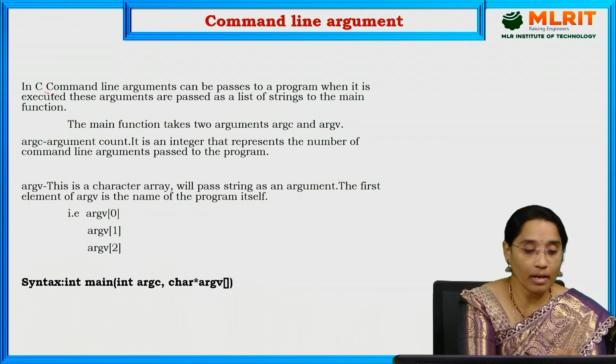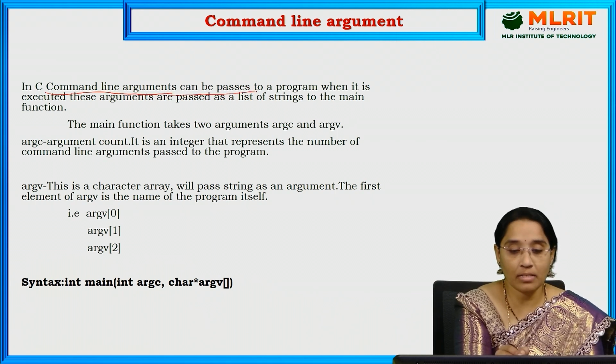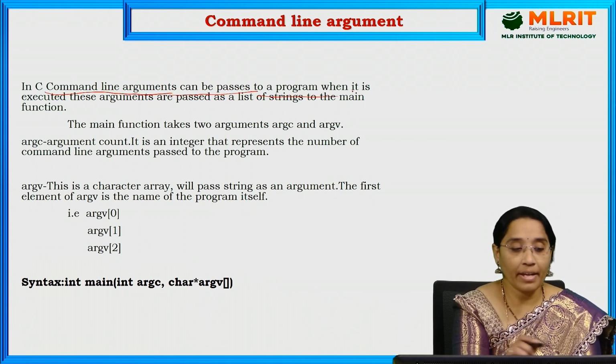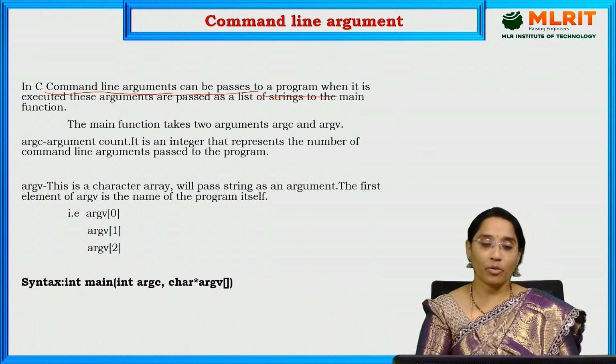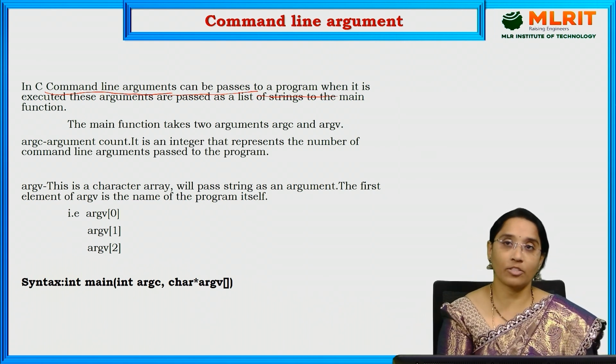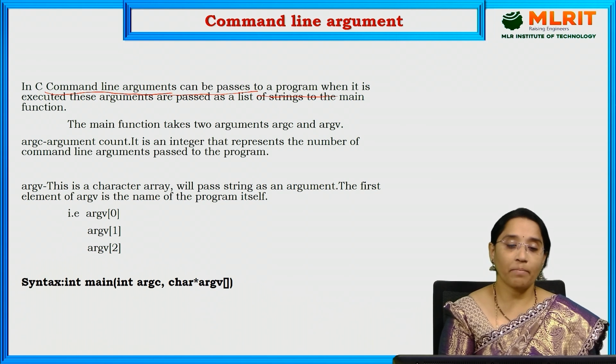In C, command line arguments can be passed to a program when it is executed. These arguments are passed as a list of strings to the main function.